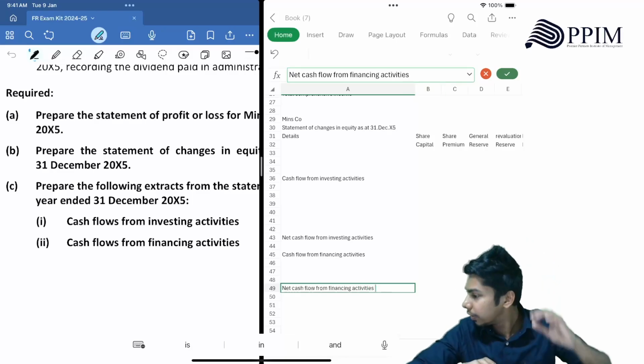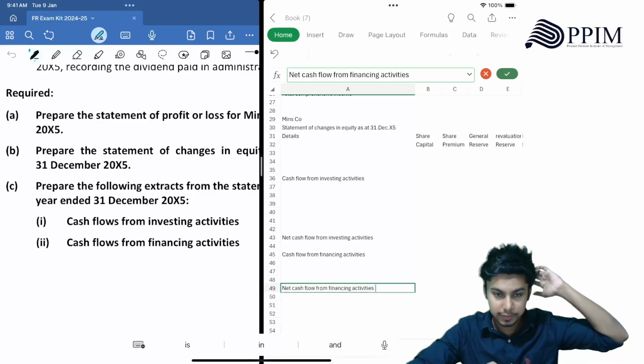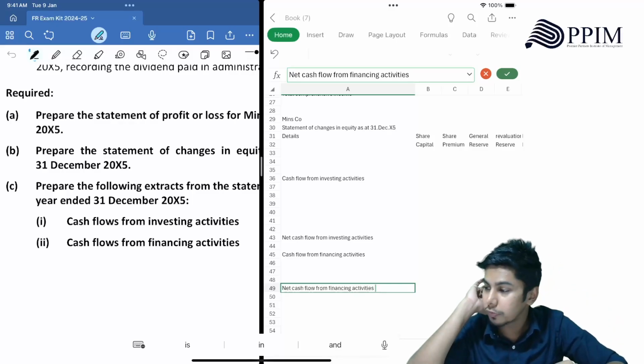All done, right? So these are all the formats that they are asking.